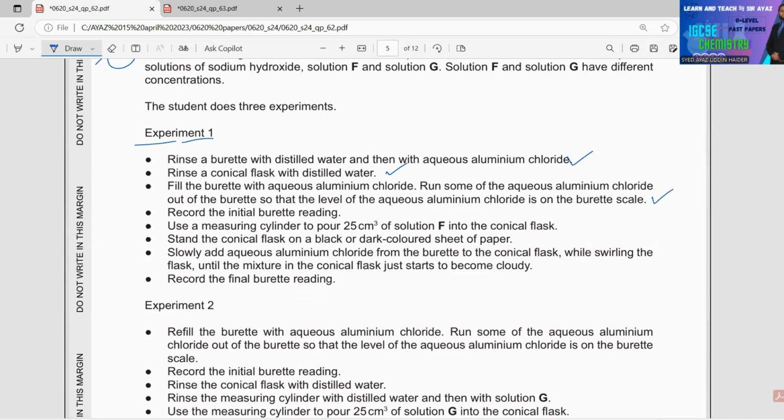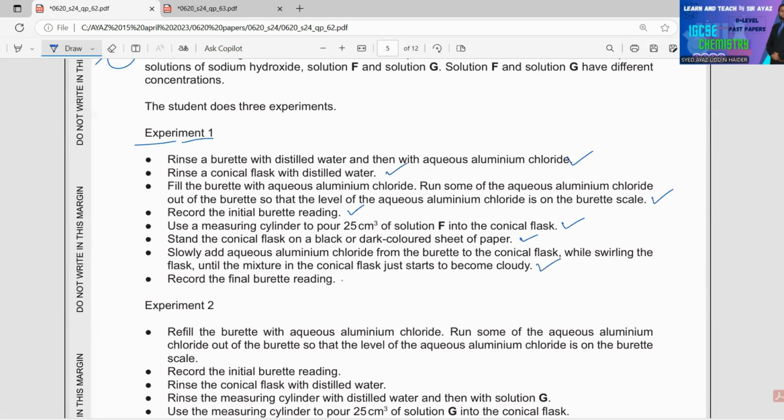Use a measuring cylinder to pour 25 centimeter cube of solution F into the conical flask. Stand the conical flask on a black or dark colored sheet of paper. Slowly add aqueous aluminum chloride from burette to the conical flask while swirling the flask until the mixture in the conical flask just starts to become cloudy. Record the final burette reading.